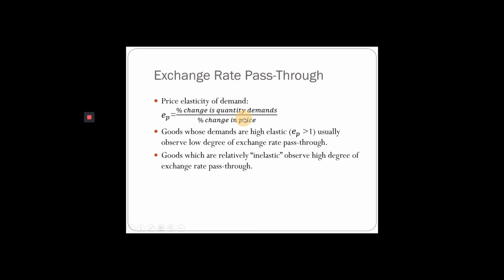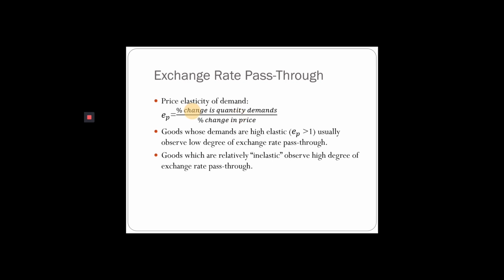If this is greater than 1, it means with a little bit of change in the price, there is more impact on the quantity demanded. And if this percentage change in the quantity demanded is more than the percentage change in the price, then such goods are elastic.